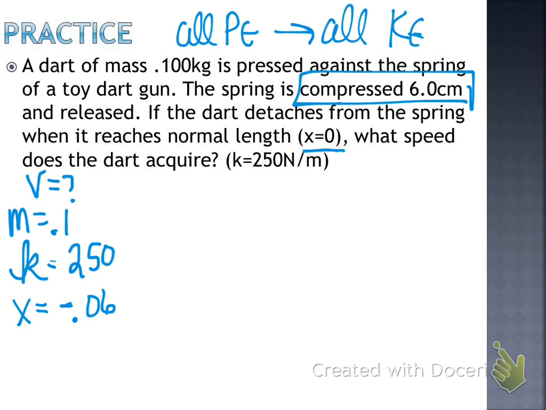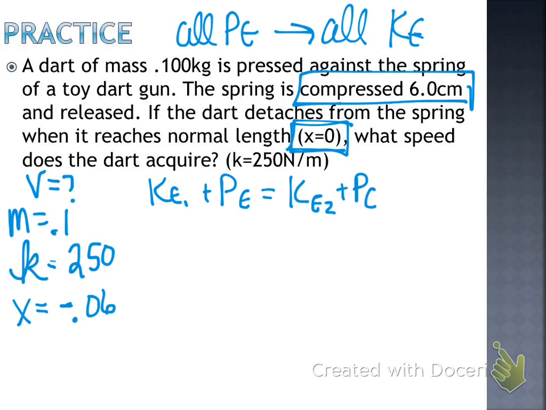If we were to look at the spring somewhere between those 2 points, let's say at 3 centimeters, then we would have a mixture of potential and kinetic as our final energy source. But since it's been completely back to normal, x equals 0, that means we've transferred all that potential energy to kinetic. Okay, so that means initially we're going to have kinetic plus potential equals kinetic plus potential.